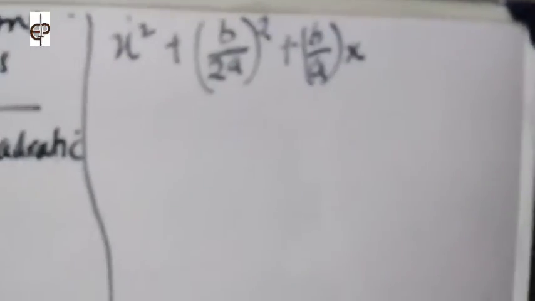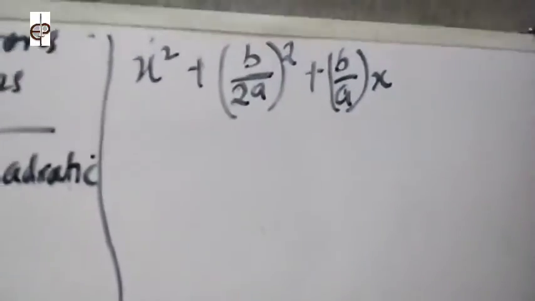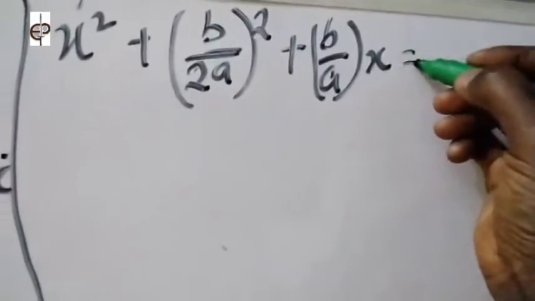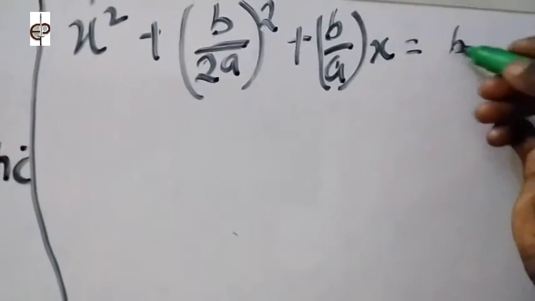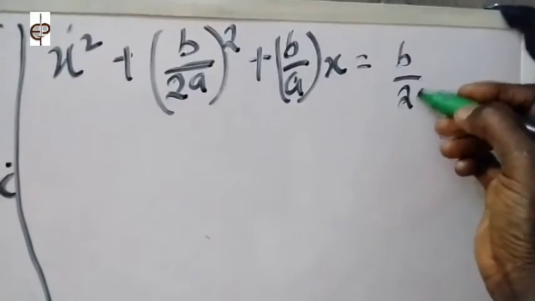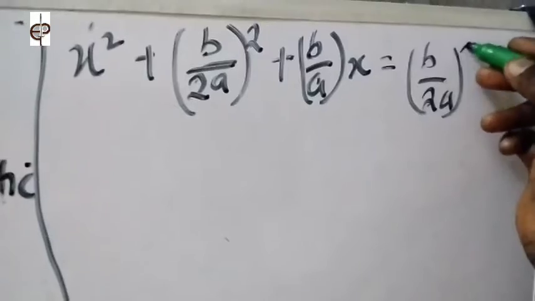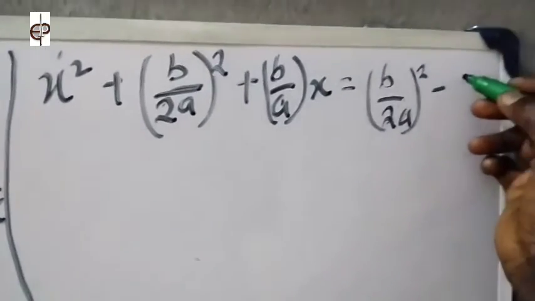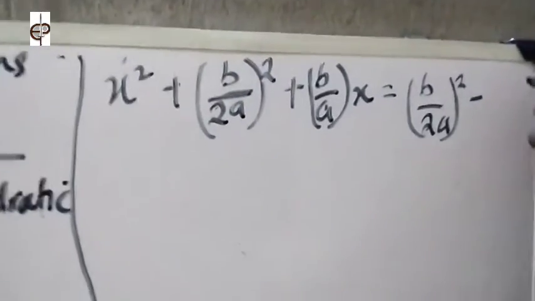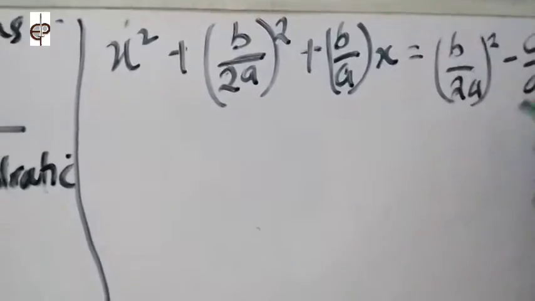It's just because I am explaining that the position is like that. It doesn't change anything. Then you have b over 2a all squared, minus c over a, which you already have in that place.